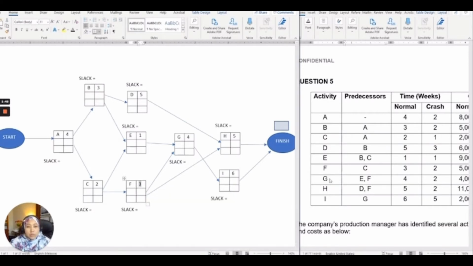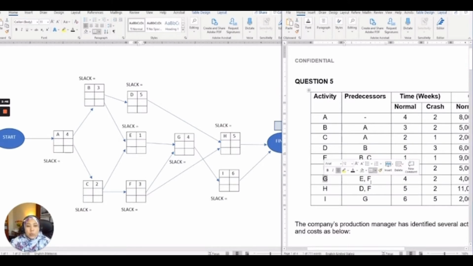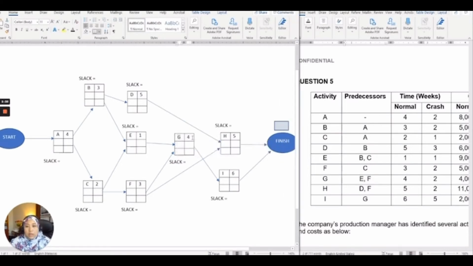Proceeding to activity G, the predecessors are E and F, so the arrows come from nodes E and F, and the estimated time is 4.